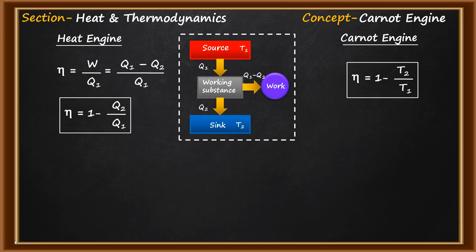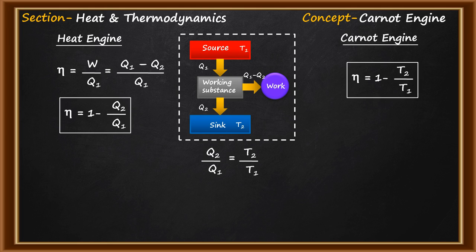Now the first equation is valid for any type of heat engine including Carnot engine, while this one is valid only in case of ideal Carnot engine. In this question we are considering an ideal Carnot engine, so both the relationships are valid here. By comparing both the relationships, we get Q2 by Q1 is equal to T2 by T1.